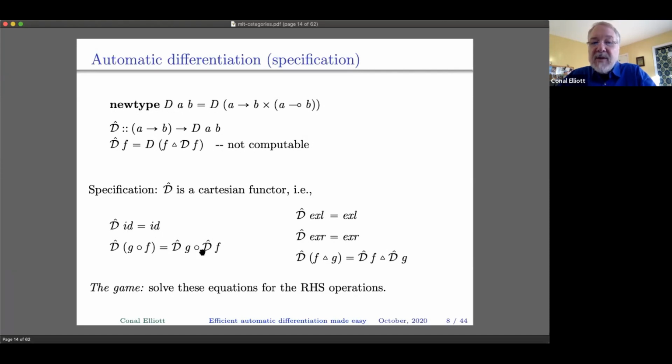So every one of these 5 equations by itself is an equation in one unknown, which is the operation on the right-hand side. If we solve these 5 equations, we will get definitions of identity, composition, the left-right projections, and fork for computably differentiable functions. The fact that they are solutions of these 5 equations means that they are a correct implementation of automatic differentiation. So that's the game: solve these equations for the right-hand side operations.